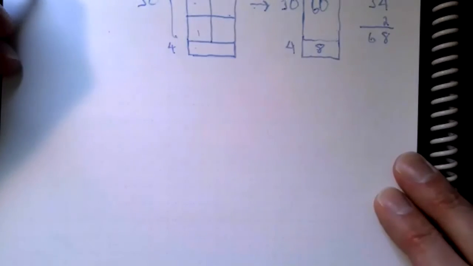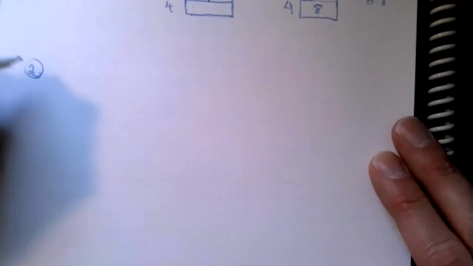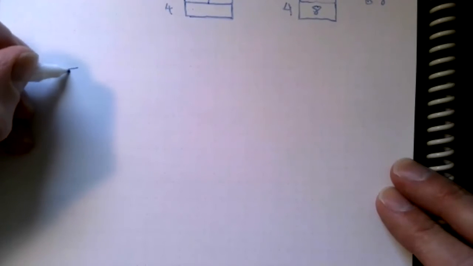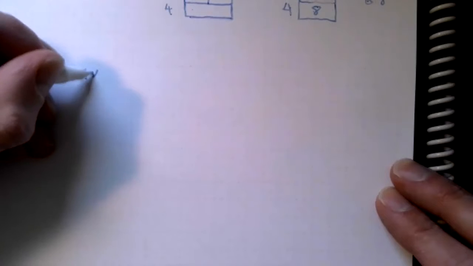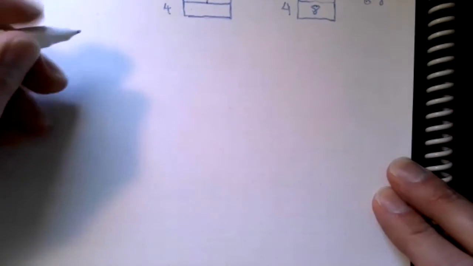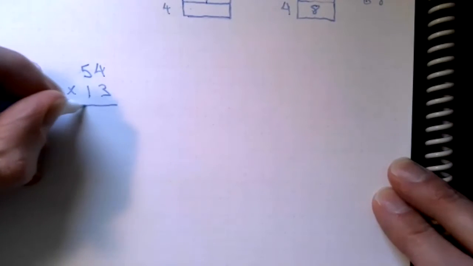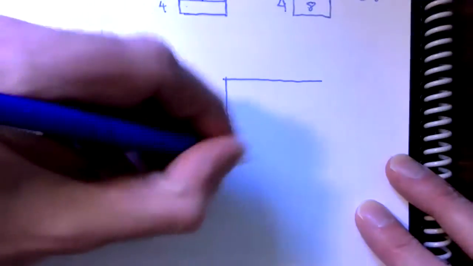Let's try this example. So this is example 1 up here. Example 2: 54 times 13. Let's do the rectangular model for this.